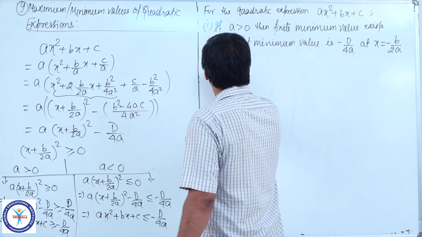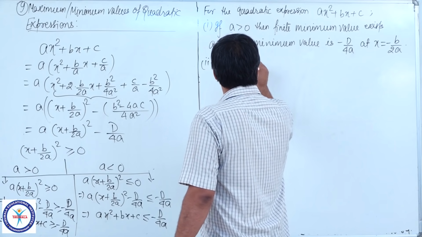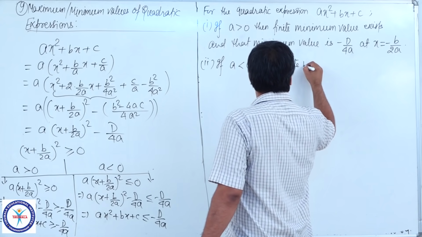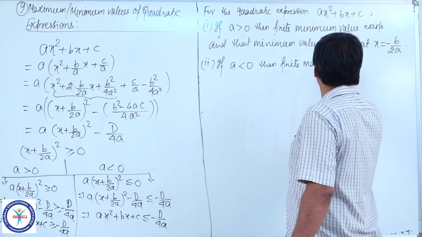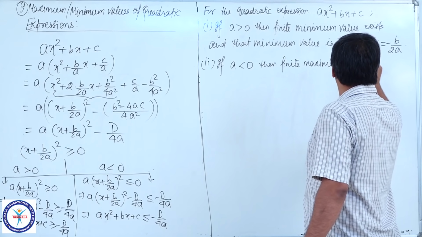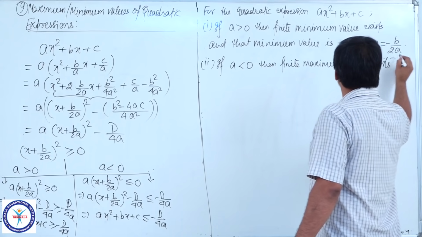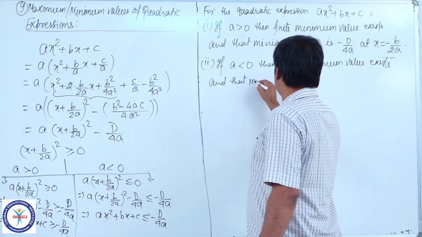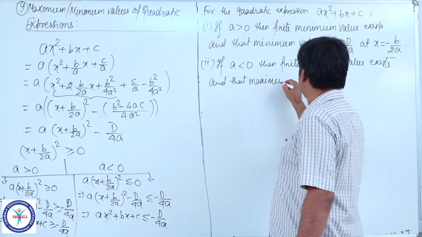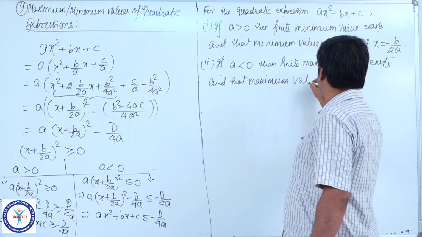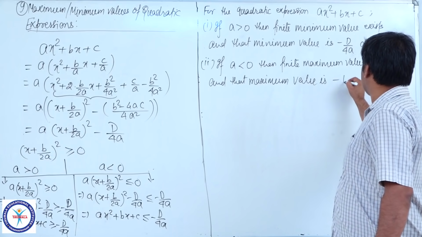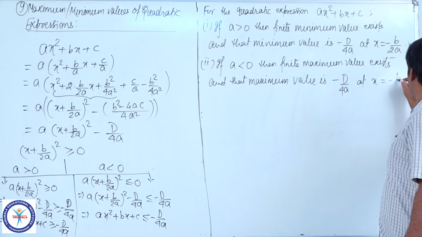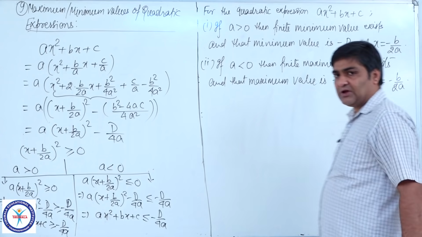Second, if a is less than 0, then a finite maximum value exists, and that maximum value is minus D by 4a at x equal to minus b by 2a.